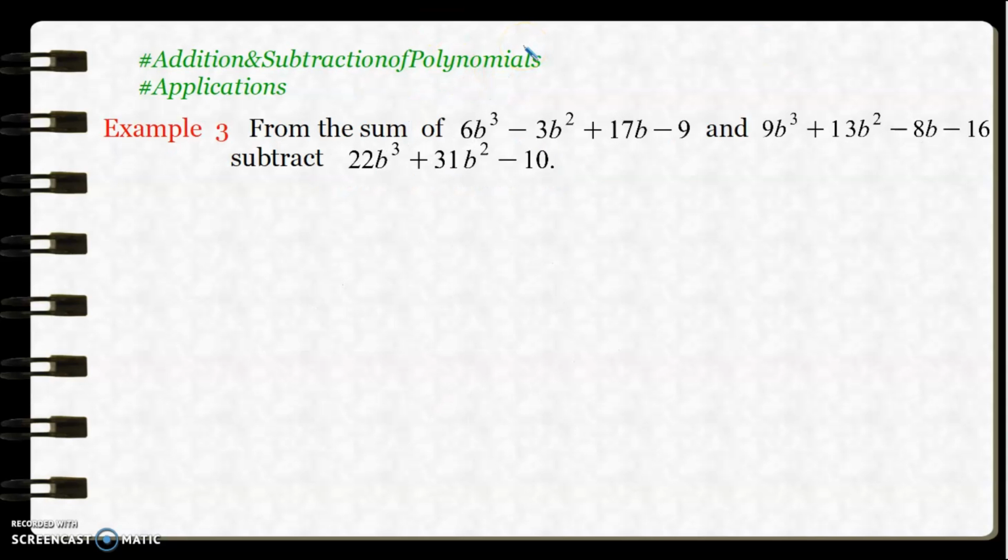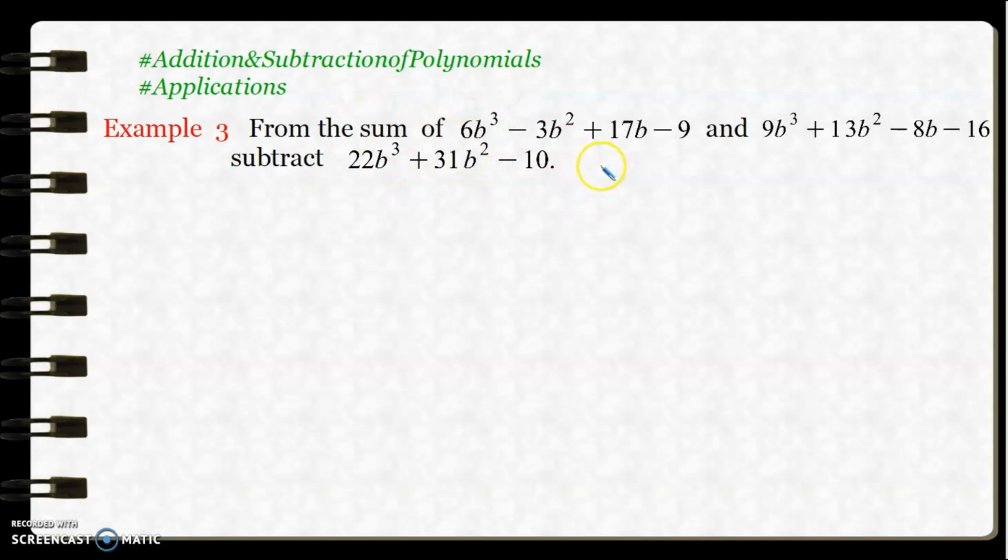So, let's proceed to example 3, which is a little more complicated. From the sum of 6b cubed minus 3b squared plus 17b minus 9 and 9b cubed plus 13b squared minus 8b minus 16, we subtract 22b cubed plus 31b squared minus 10.